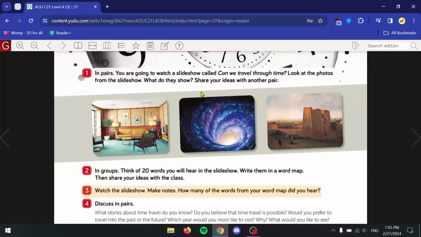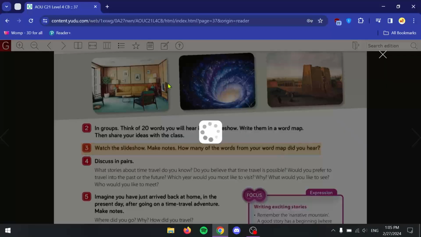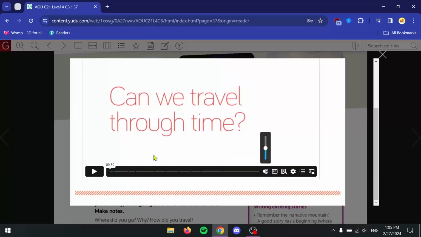Let's take a look at exercise 1. We're going to watch a slideshow called Can We Travel Through Time? Look at the photos. So we have a video that we're going to watch, and the video is probably going to answer our questions for these pictures, and it's called Can We Travel Through Time? So let's open the video. Here we go.